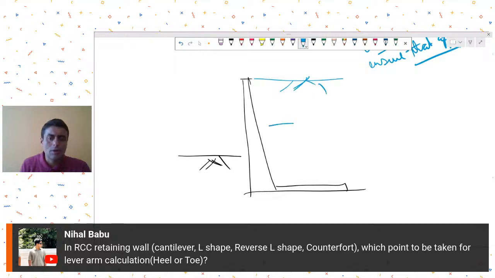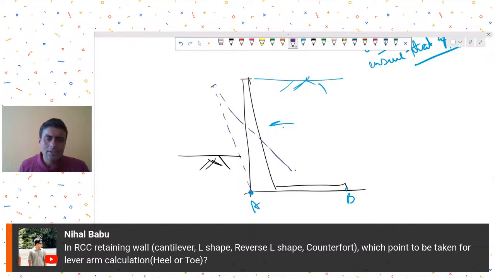This system overall will have a tendency to overturn about which point? You tell me, point A or point B. This system will have a tendency to pivot about this point A. Yes or no?